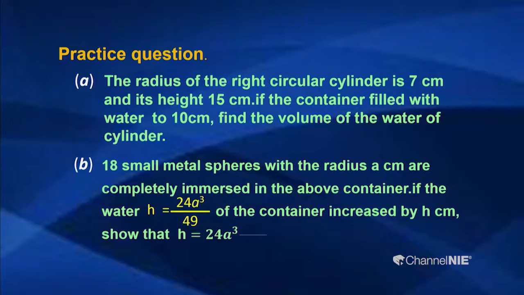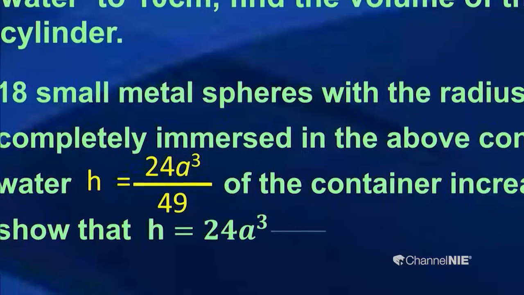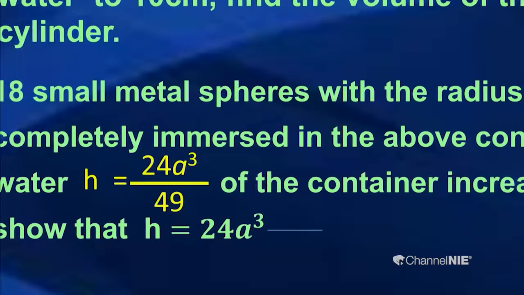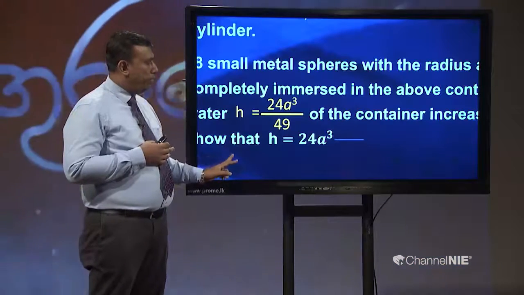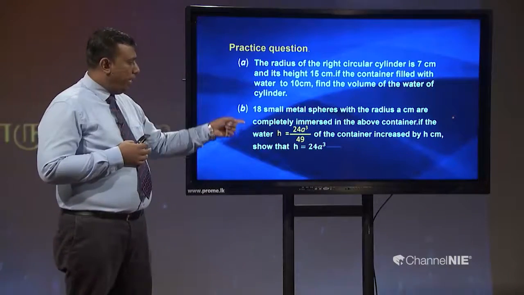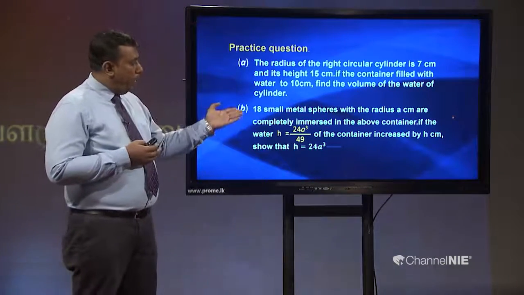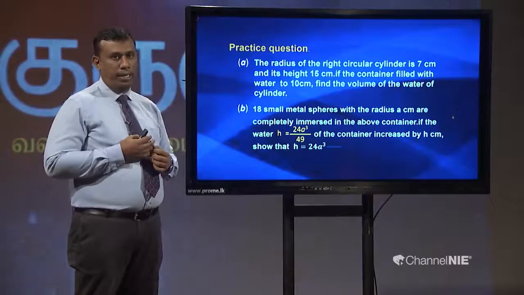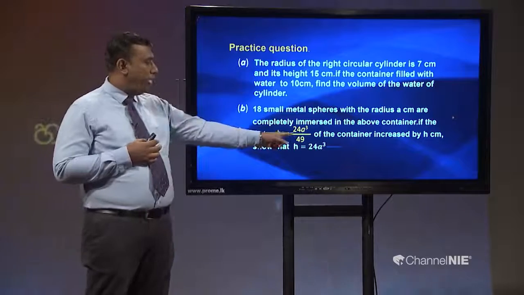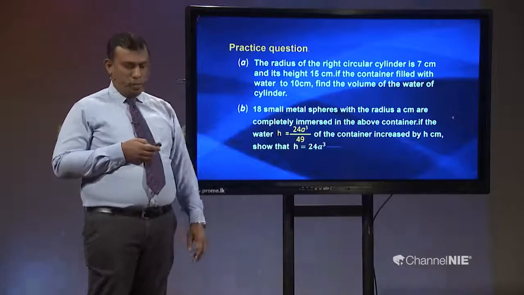They have to show h equals 24a cubed over 49. Again, they asked to take h, the increase in water level, as 24a cubed over 49.